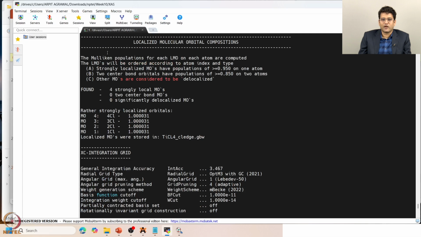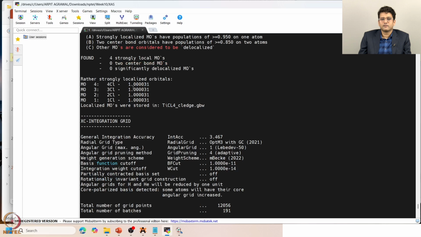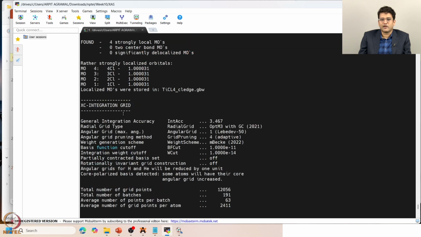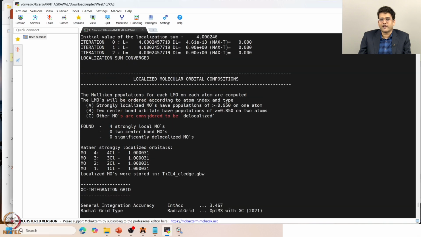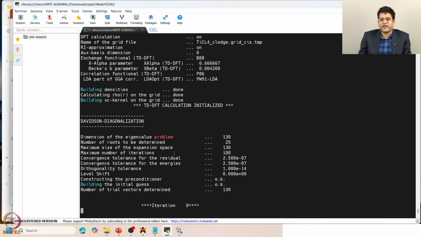So, this is where the localization has been done, and after the localization has been done, they are now on the individual atoms. You can go to the GBW file and plot it with Orca plot and see whether they are localized on the entire atom or not.